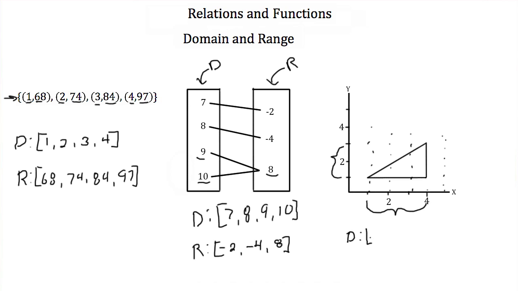So the way to write your domain is to say that 1 is less than or equal to x, which is also less than or equal to 4. This means that our domain is every number between 1 and 4, including 1 and 4.